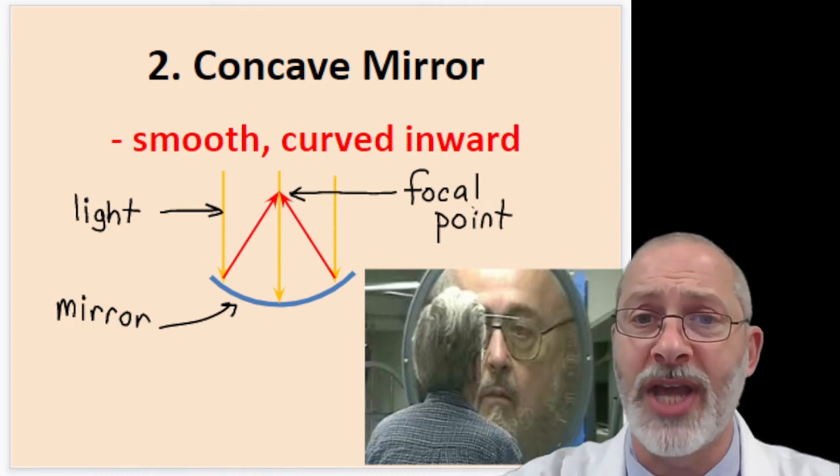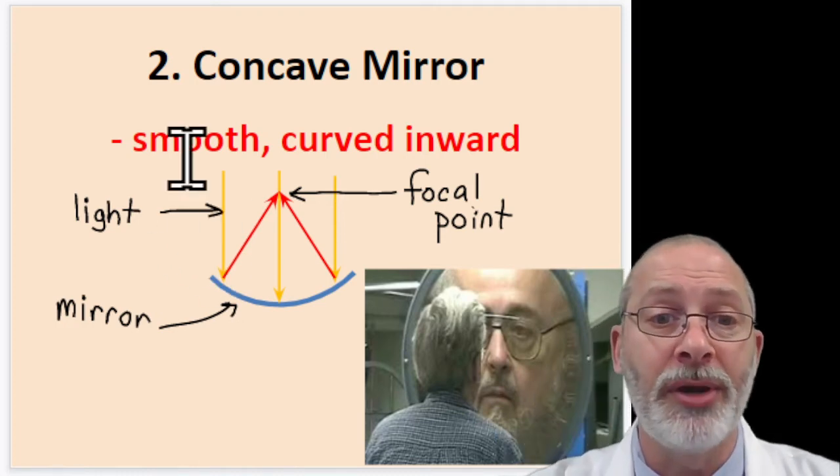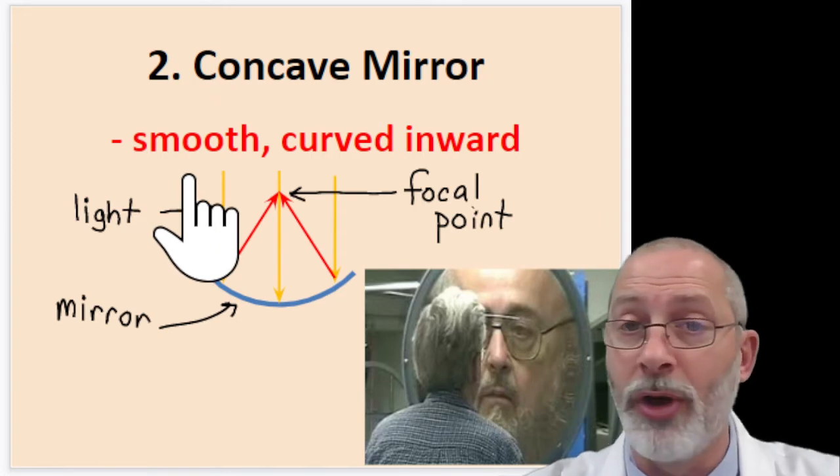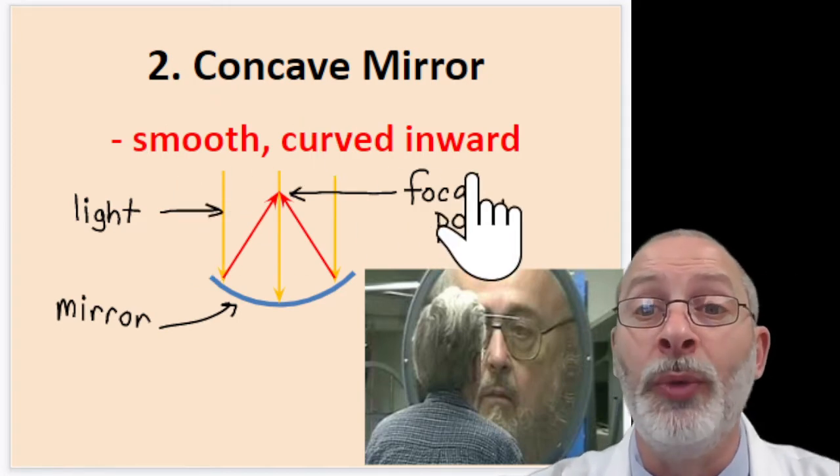Well, let's look at the cross section. A concave mirror is one that is smooth, like all mirrors are, but it's curved inward.